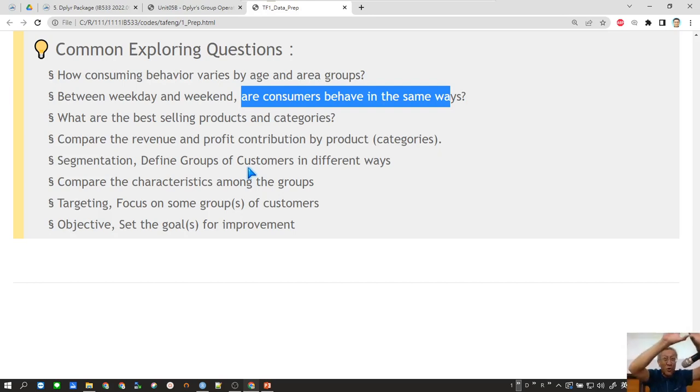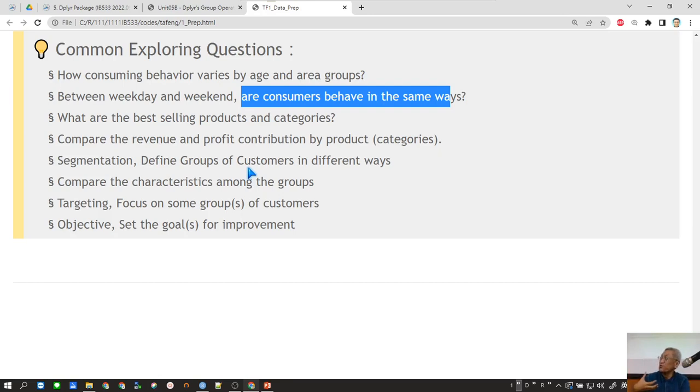And then after you know the summary of your business, you want to see the behavior of each different group: the behavior of different product categories, the behavior of different dates, weekday, weekend, the behavior of different customers, customers from different areas, right? That is the thing that you can explore within the data.